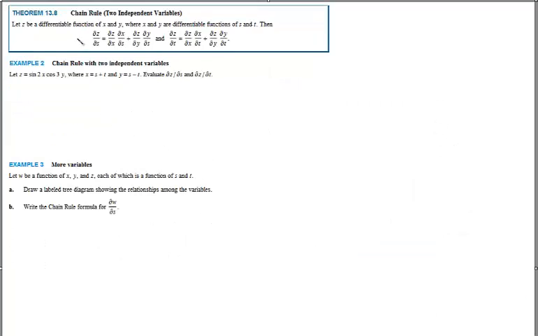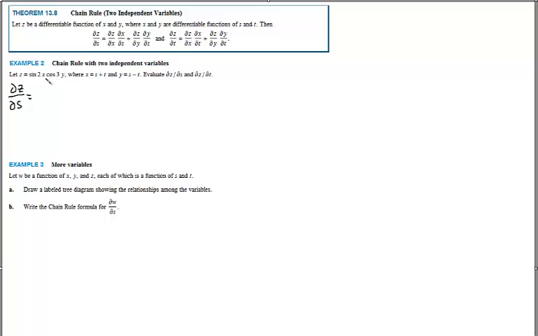Next we're going to take the derivative of z with respect to s, where we have two independent variables, both s and t. So notice that x and y are both functions of s and t. So let's play this game. I want the partial of z with respect to s. That tells me I'm going to take the partial of z with respect to x first.